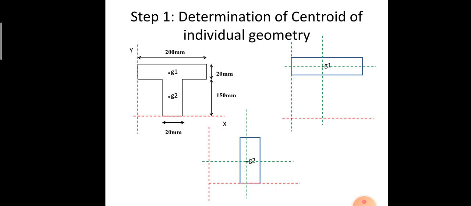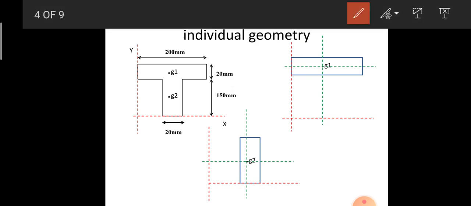One is at the flange portion and one more at the web portion. So this figure represents the centroid bifurcation, or centroidal axis, for the rectangle at the flange part.